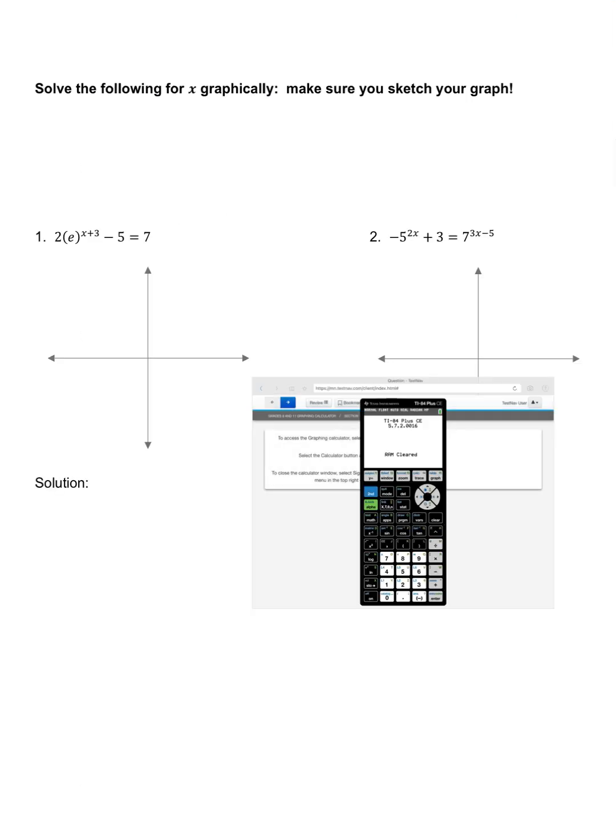Okay, so what we're going to do is graph this function to solve it graphically instead of using algebra. A few steps.